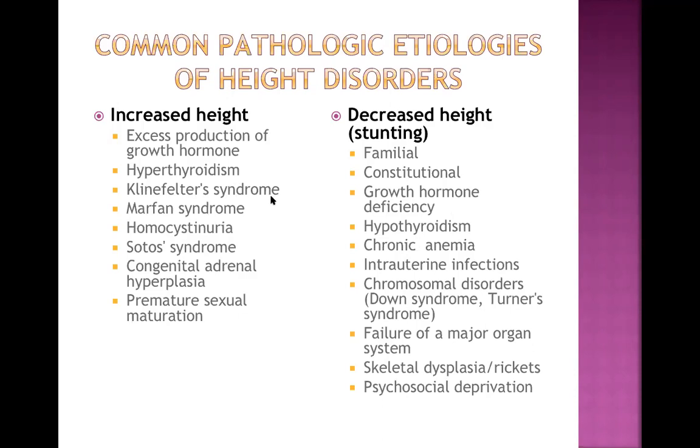Klinefelter syndrome is a chromosomal abnormality where there is hypogonadism, a very tall stature, slight mental retardation, not that much, and there is usually sterility.